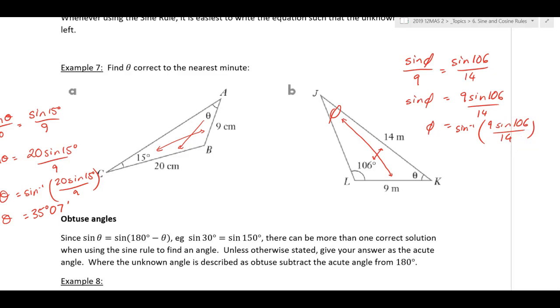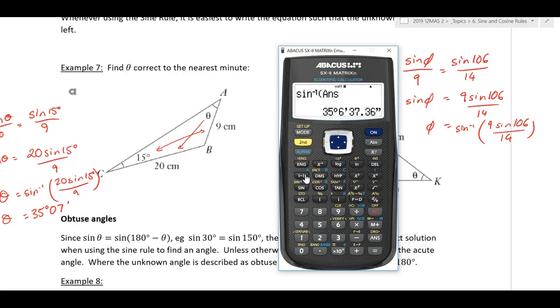My calculator will help me out there. So 9 sine 106 equals, divided by 14 equals, now the inverse sine of that is 38:10.